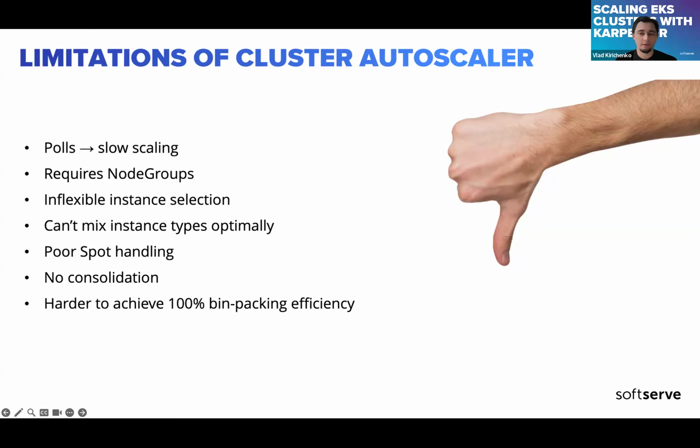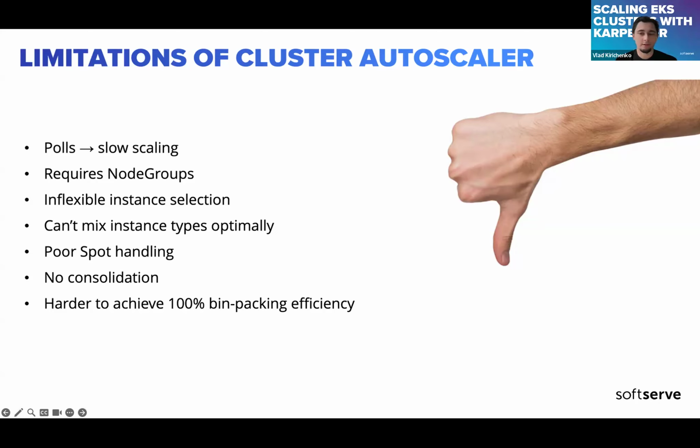What that means is provisioning in seconds, not in minutes. Karpenter watches for unschedulable pods and responds immediately, compared to the cluster autoscaler, which uses a polling approach.